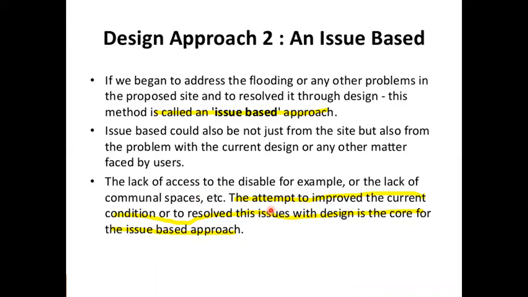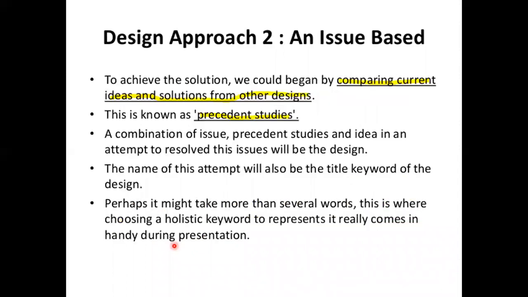The attempt is to resolve this issue and provide proper access to the disabled, for example in the form of ramps, or providing common spaces for the students within the department so that in their free time they can sit in and discuss their issues. So it's a core issue-based approach.